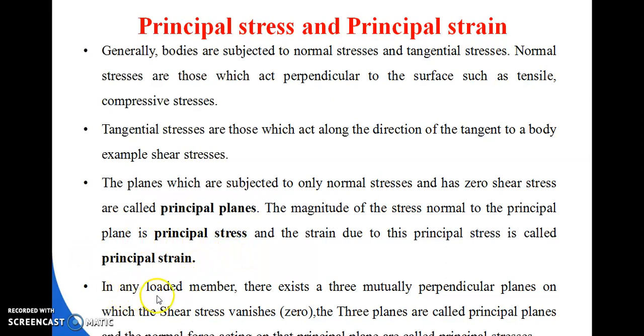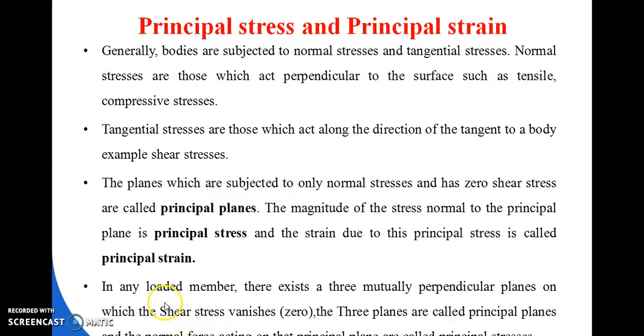So in any loaded member, there exist three mutually perpendicular planes on which the shear stress vanishes, that means the shear stress is 0. The three planes are called principal planes, and the normal forces acting on the principal planes are called principal stresses.